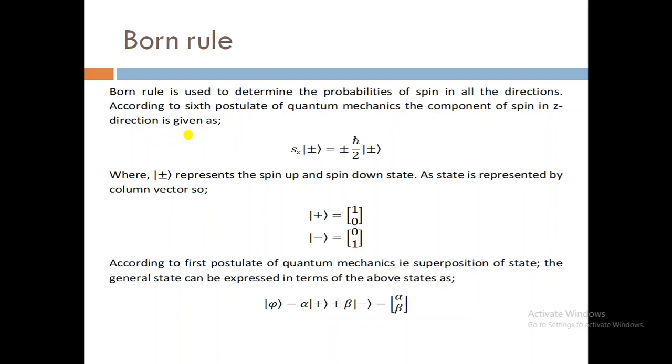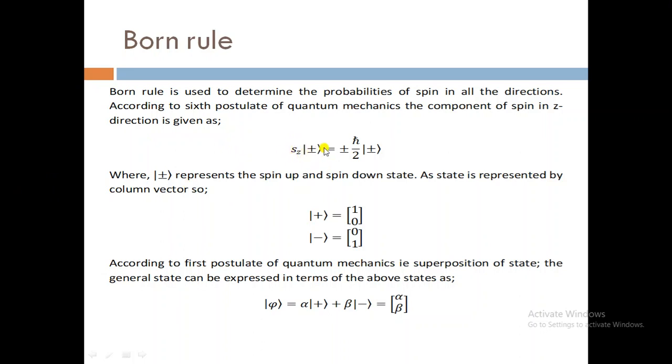That has been explained by the sixth postulate of quantum mechanics, which I have already discussed in my previous video also. If you become confused, you can watch that video also.